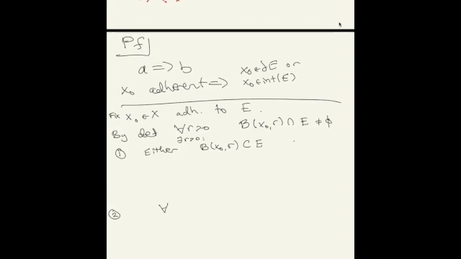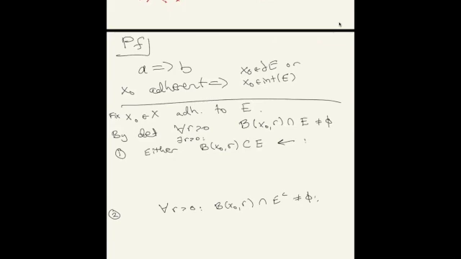The complementary claim to this one is that for all positive radii, B(x0, r) intersects E complement in a non-empty way.